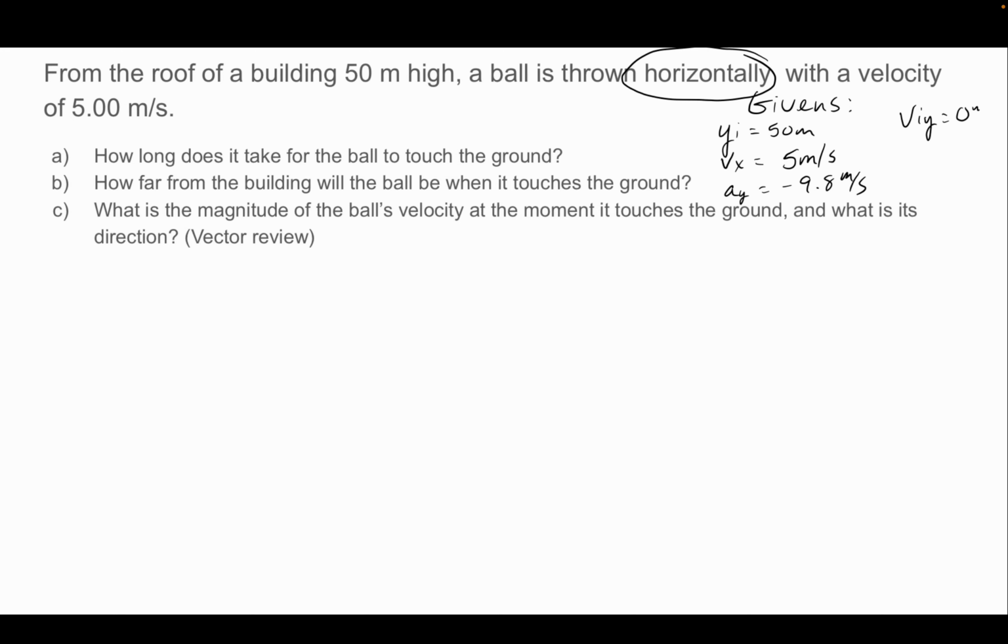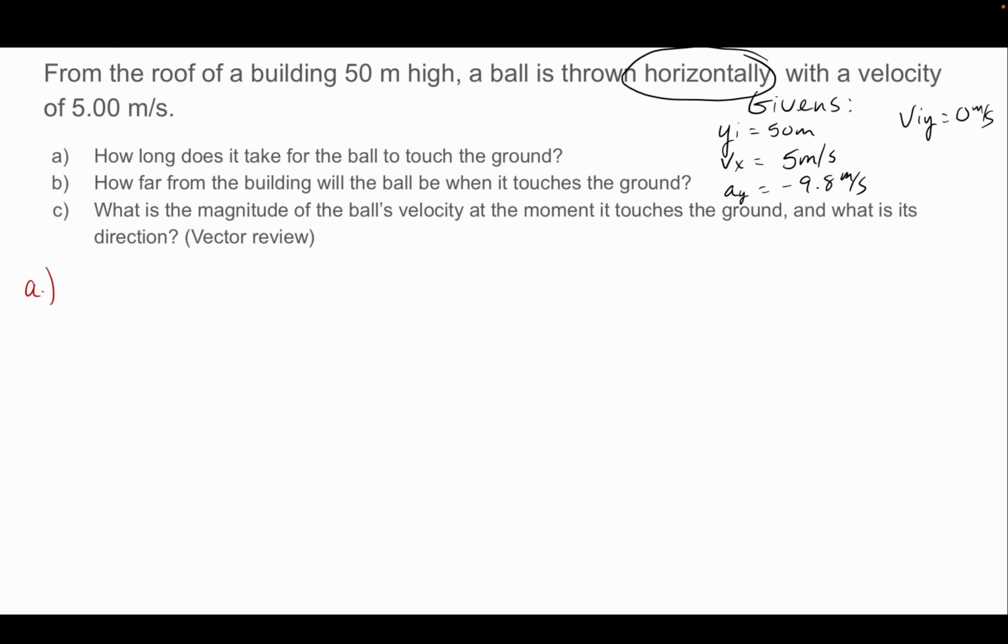VIY equals 0 meters per second. I don't know my VFY. It's actually asking me to calculate it later. So for A, for time, I am going to have to use probably my third equation, because we do not have the VF.